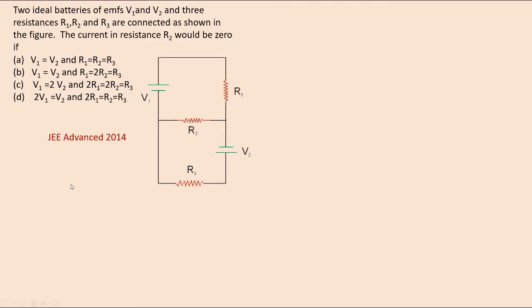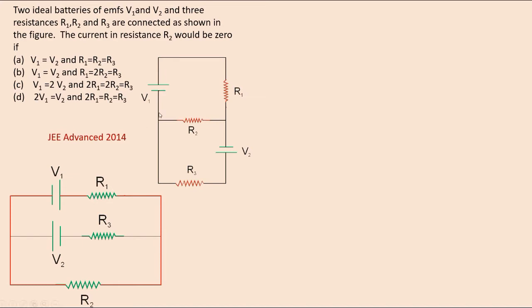You can do this problem either by using Kirchhoff's laws or by drawing the circuit in a different way, so that we can apply the formula for combination of cells in parallel, which we can easily recognize. See here, this is that circuit. The same circuit is drawn like this, so that we will easily recognize it as the combination of cells in parallel.